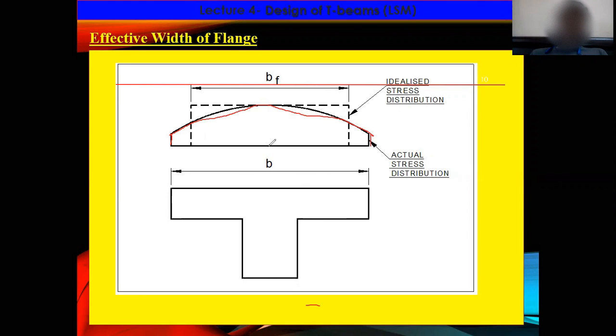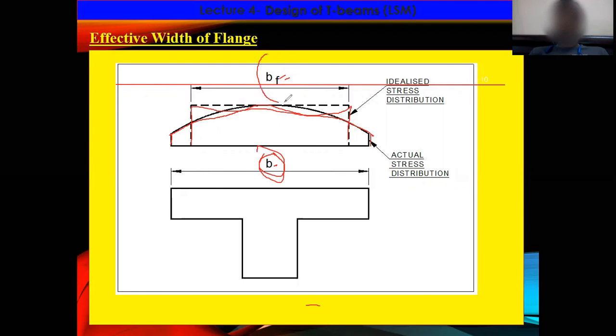So for the purpose of analyzing and simplifying it, I am idealizing this stress distribution as a rectangular distribution by decreasing the actual width of the flange to B.